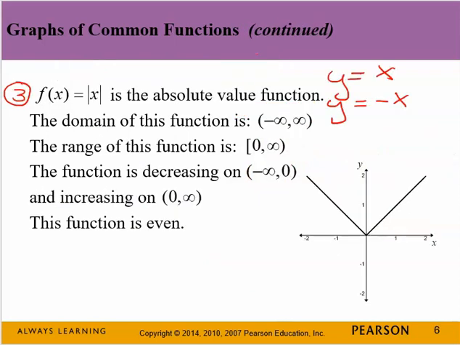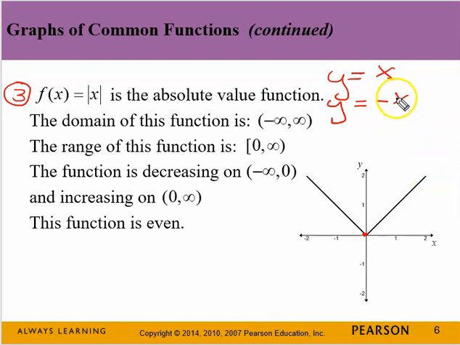Now, as we go to the third major function, f of x is equal to the absolute value of x. Notice if we took away the absolute value signs, we'd get y equals x. But again, our y values always had to be positive. So in a sense, it's starting here at 0 and then shooting up this way.